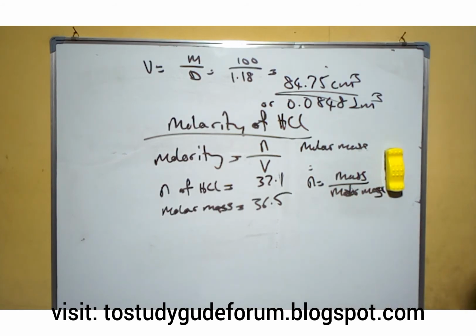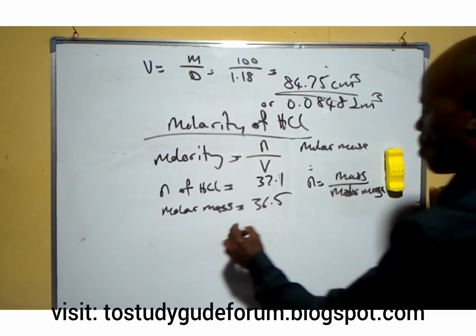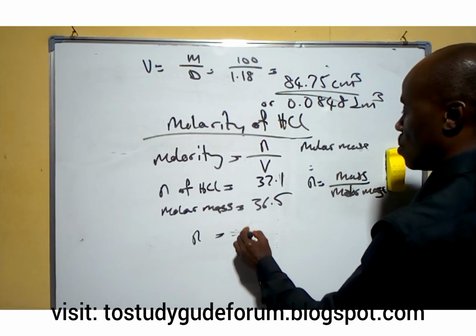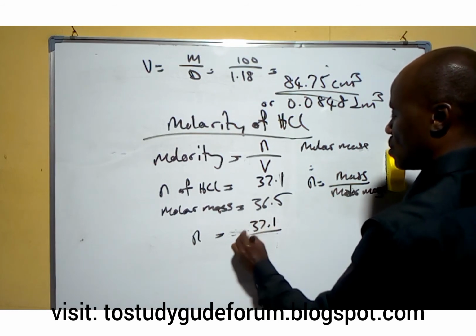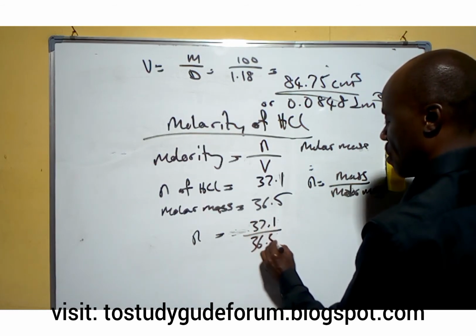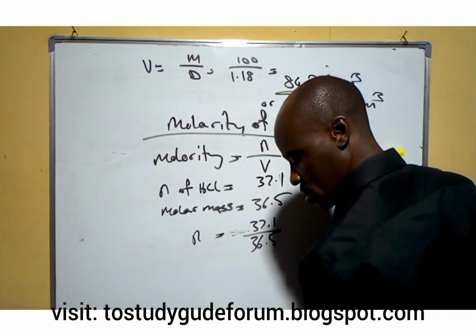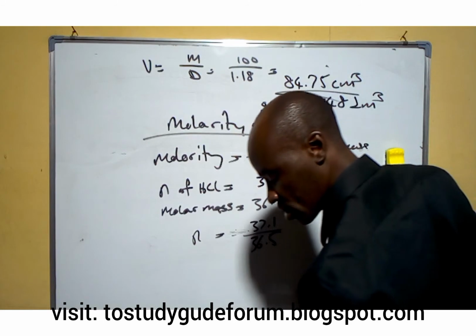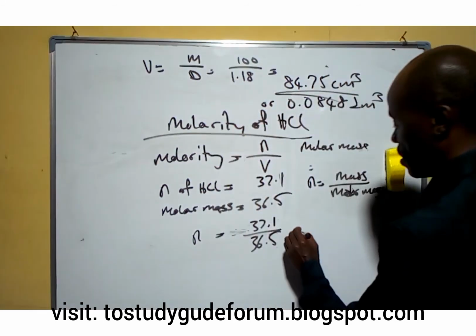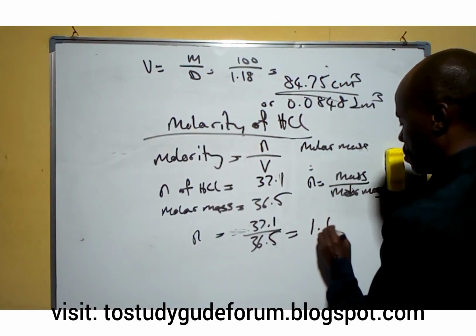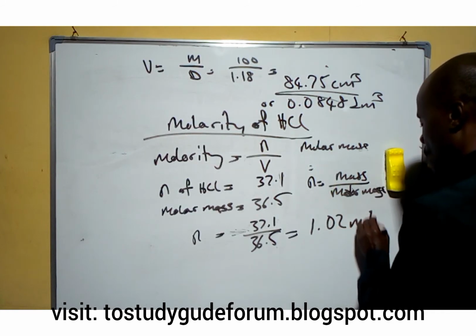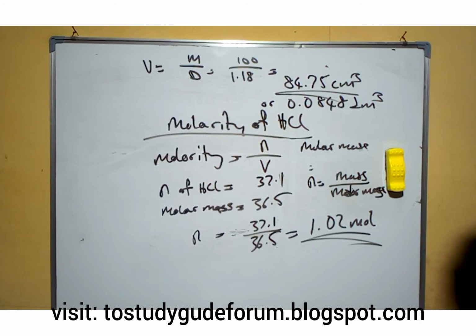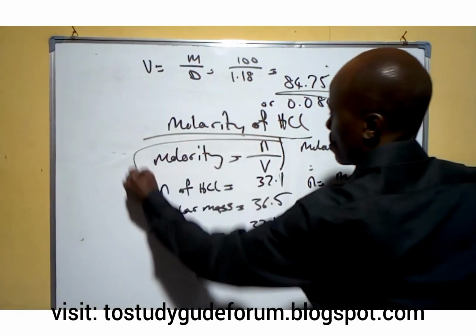So our amount will be equal to the mass divided by the molar mass. Using our calculator, what we have here is equal to 1.02 moles.